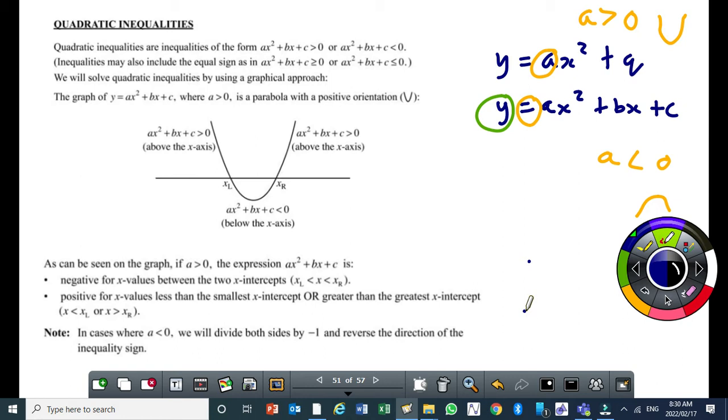Okay, before I move on to an example. If you want to copy this down, I'm giving you an opportunity to copy that.